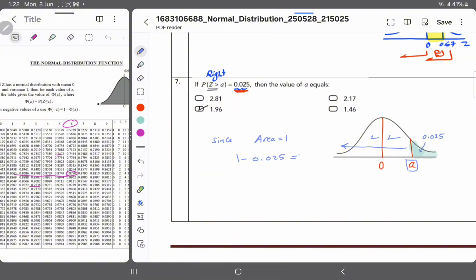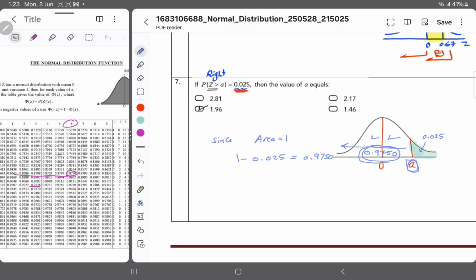So the result will be 0.975. So the area on the left is 0.975. We complete the four digits by putting 0 here: 0.9750. Now A is positive and the area below is 0.9750.